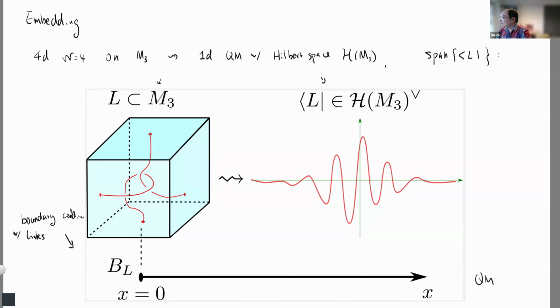We'll use this to carve out a subspace of the Hilbert space of the quantum field theory. And the hypothesis or conjecture is that this is exactly an embedding of the skein module.